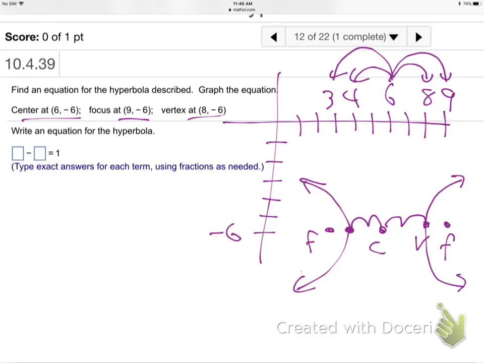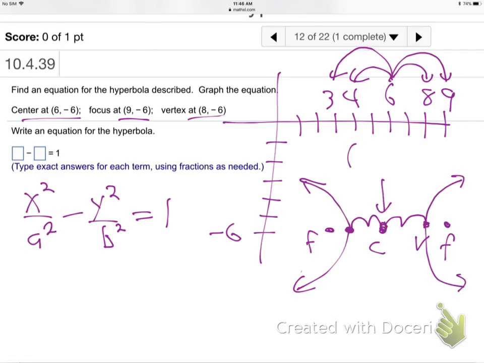Good? All right, so let's write the equation. So who's going to be in the front, x or y? Going to be x. It's like that first off. That's the general shape. But we got several things we need to fix about that. The center is not 0, 0.